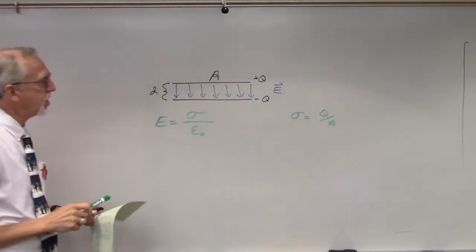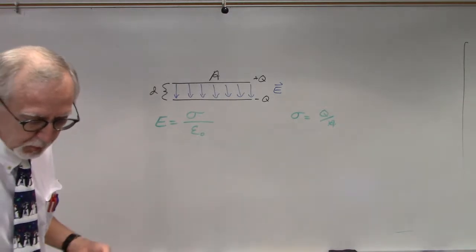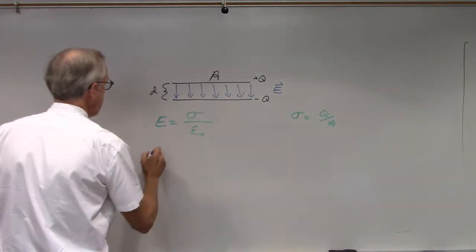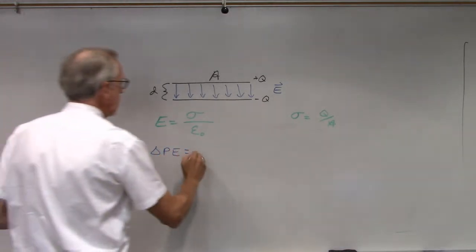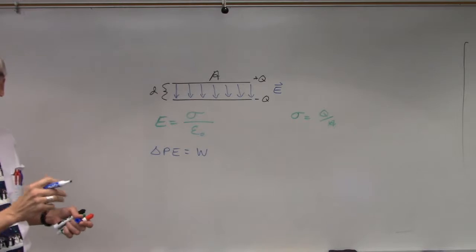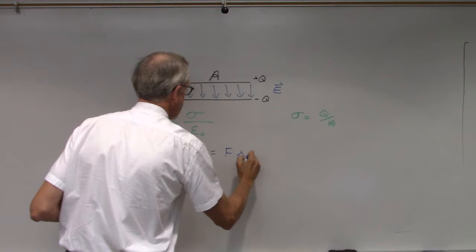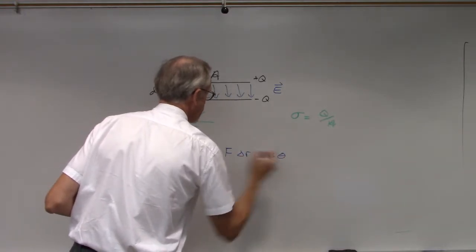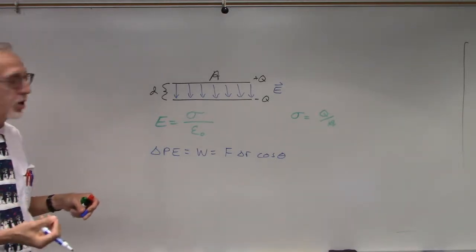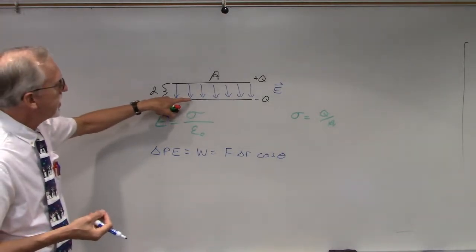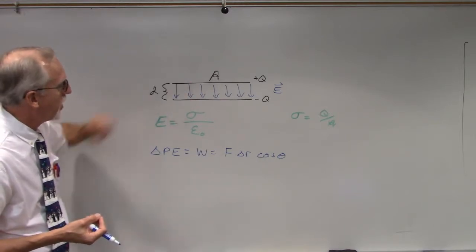remember when we were talking about the potential between two points, the change in the potential energy we could find was equal to the work done if we move an object from one point to another, and that is equal to the force times the displacement times the cosine of the angle between them. Now let's imagine we move some little charge q from the negative plate up to the positive plate.